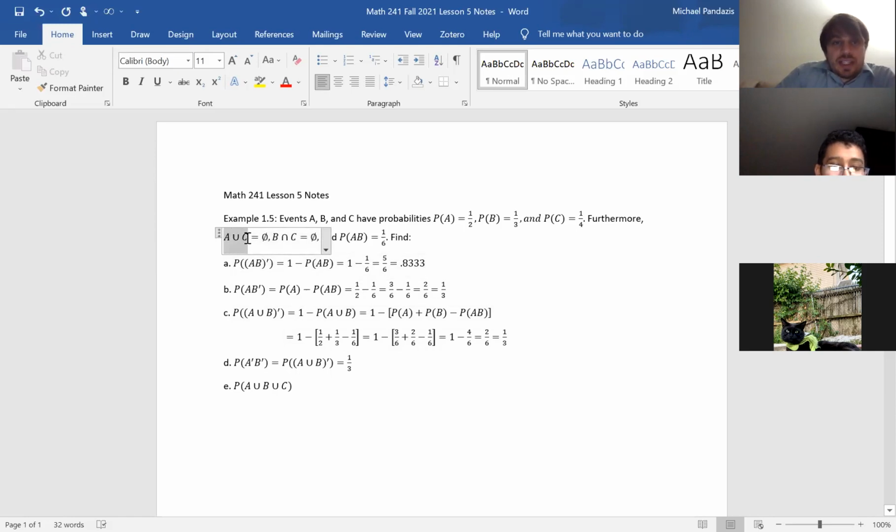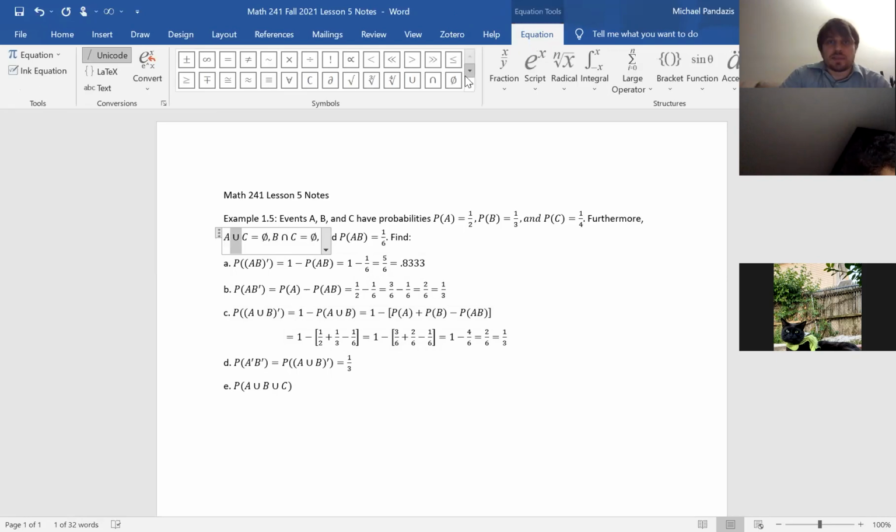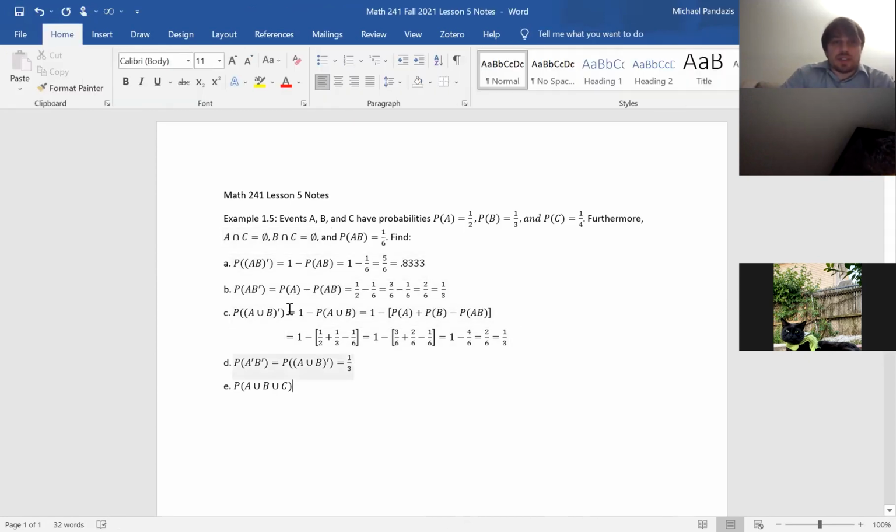Did I write this right? Oh, okay, sorry. This is A intersection C. It hasn't come up in the problem yet. So that's A intersection C.